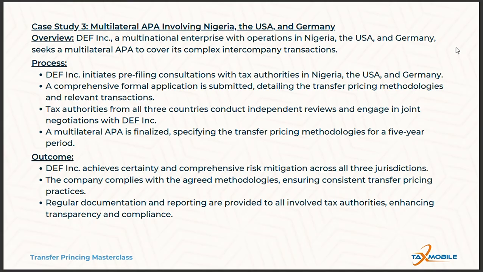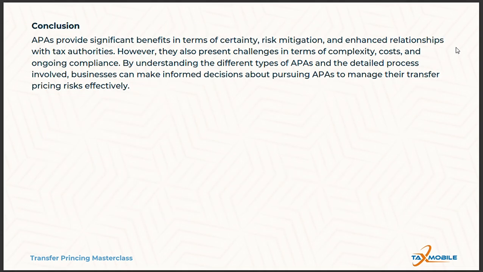Now, the outcome, if it is approved, is that a multilateral advanced pricing agreement is concluded for a 5-year period, ensuring consistency in the transfer pricing methodology across the three jurisdictions and reducing the risk of double taxation. So that is the outcome with respect to that.